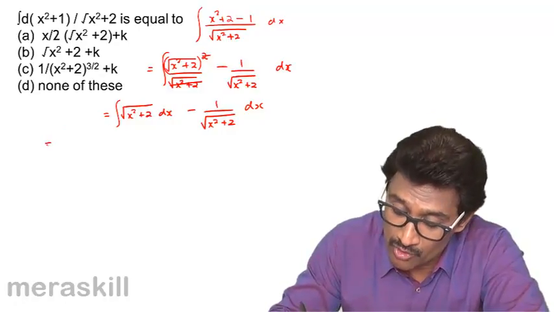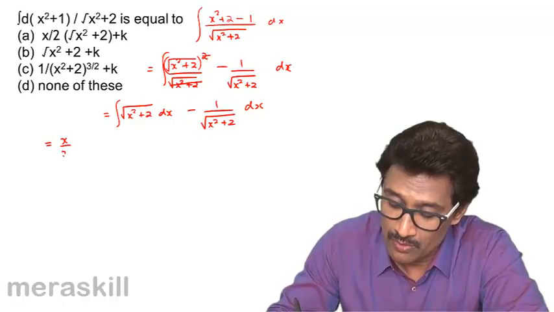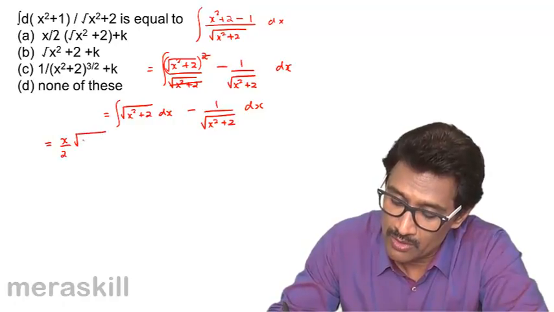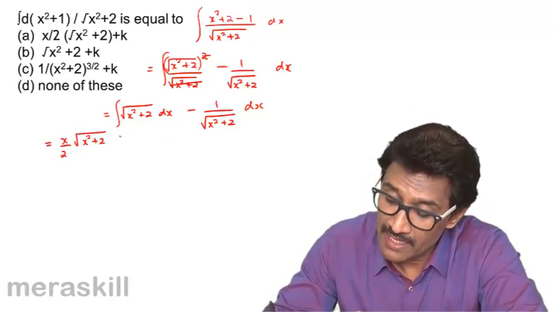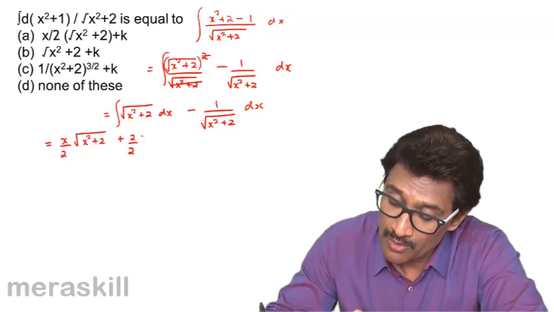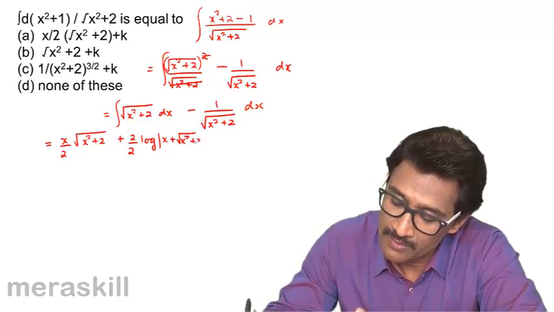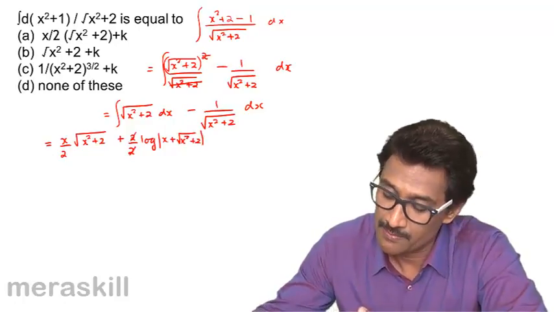So now this is going to be x by 2 into root x square plus a square, that is 2, plus a square by 2. A is root 2, so a square by 2 is 2 by 2, log x plus root x square plus 2, which is going to be this.